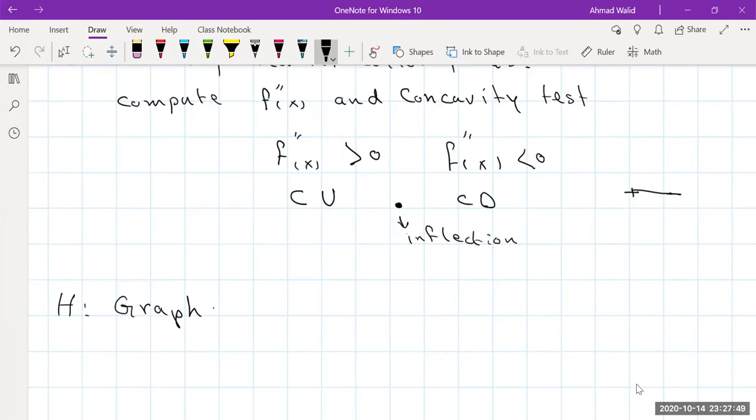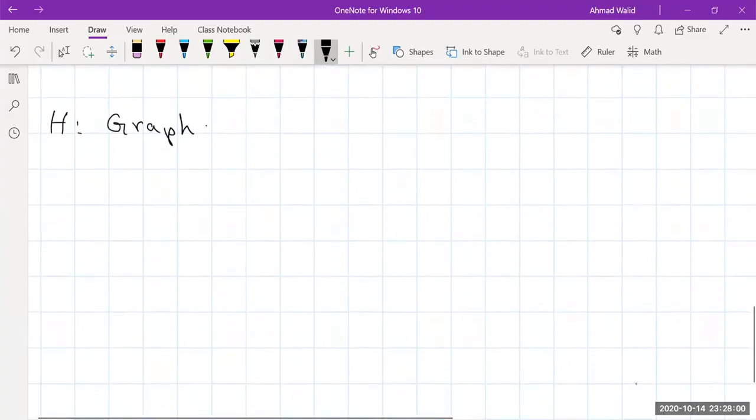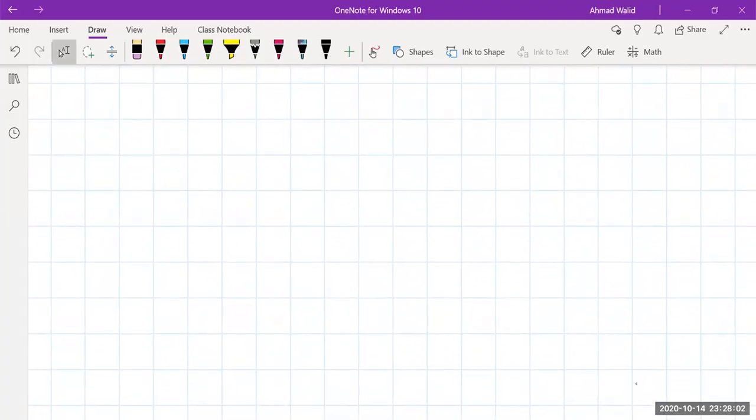Now, I will do an example for you, only one example, and show you all the steps in this example, how I apply all my steps, and finally, I can sketch a curve.